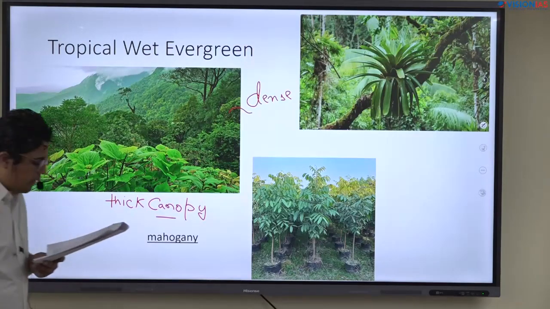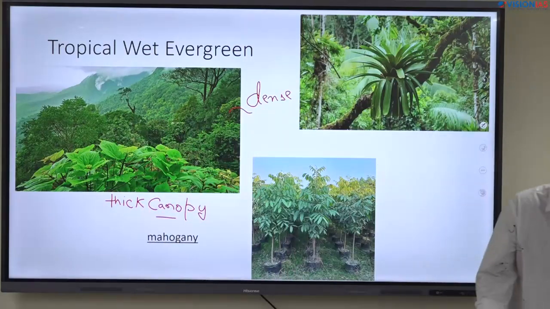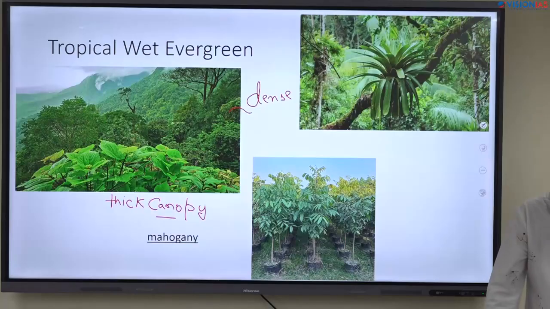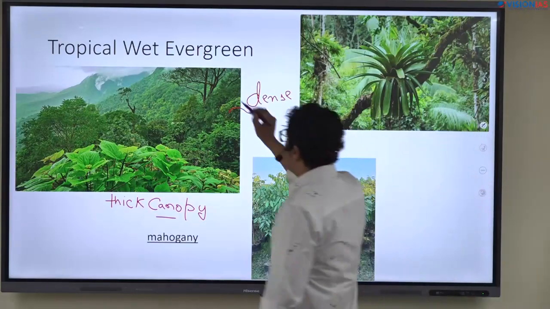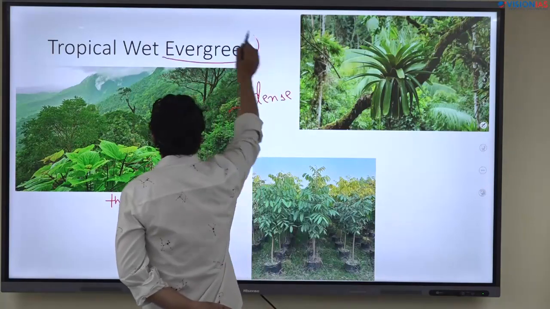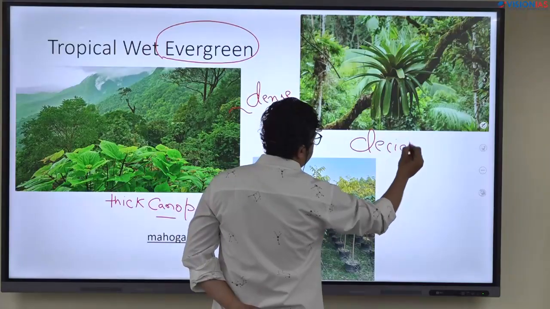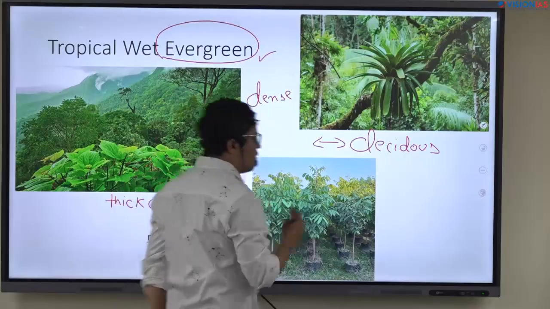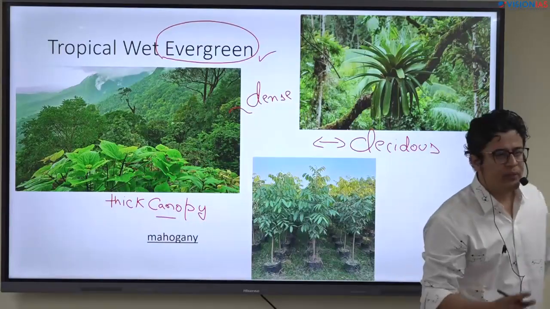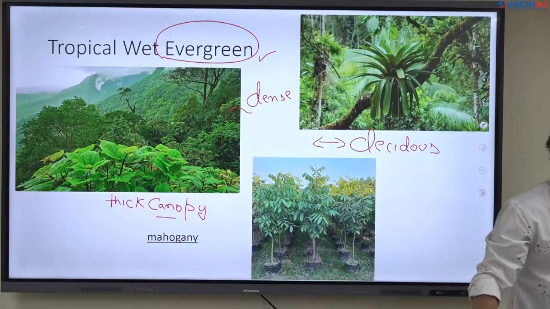Due to high heat and humidity, trees of these forests do not shed their leaves together. What it means? See, there are two types of forest, two types of trees, evergreen tree and deciduous tree. Evergreen or deciduous. Two types of trees are found in India. In fact, everywhere. Evergreen or deciduous. What is a deciduous tree?